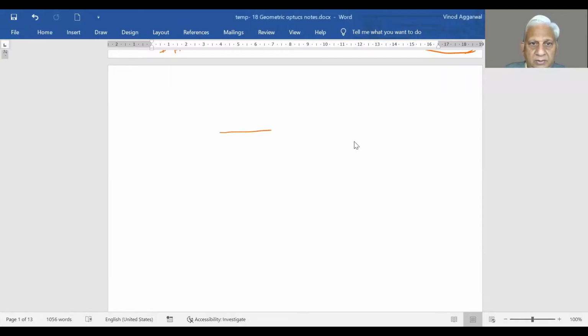Now again, we take a case where this is, let us say, air and this is glass. This is an incident ray that originates in glass. Instead of going straight, it is air, a rarer medium, so it bends away from the normal.